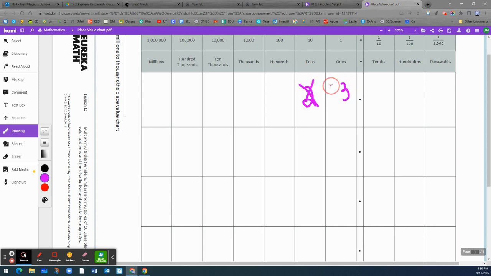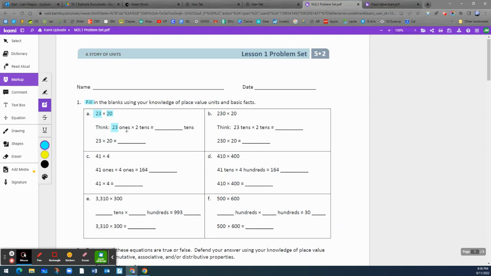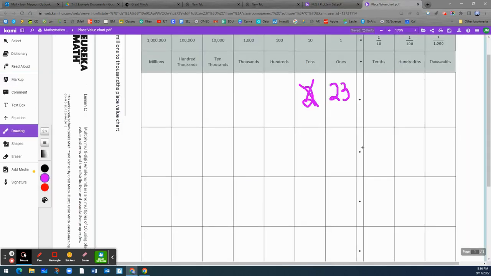So that's 23 ones. For that reason, they write it like this, and the 20 is written as two tens. So we're going to write it here, two tens. That's all there is to it, right? And remember, two tens is 20, correct?